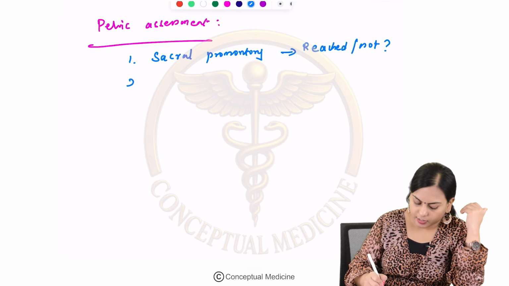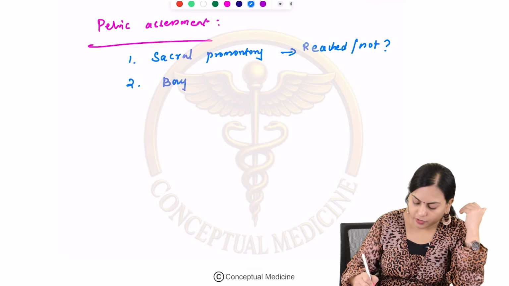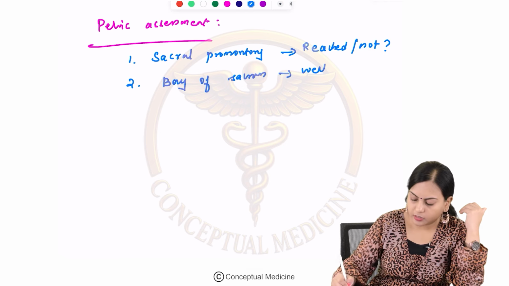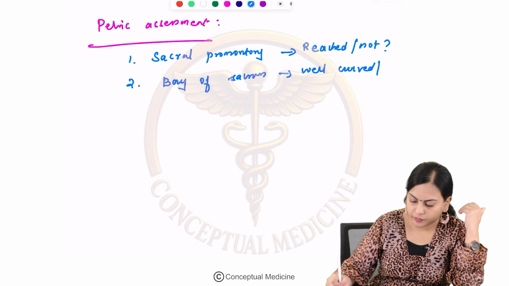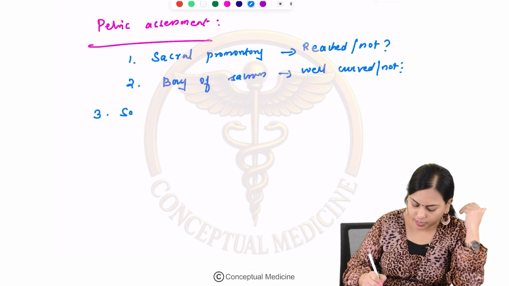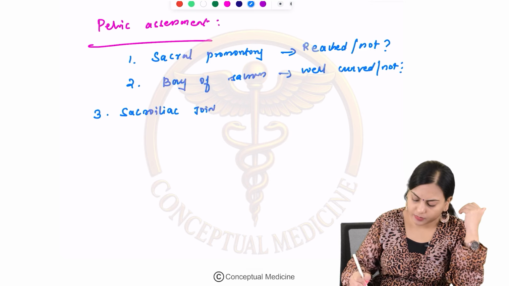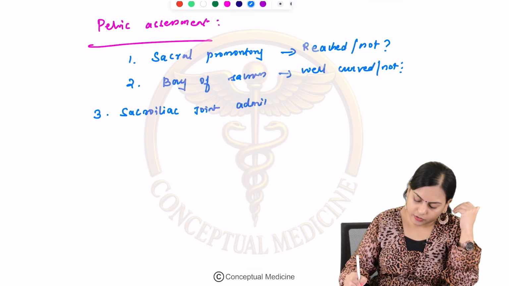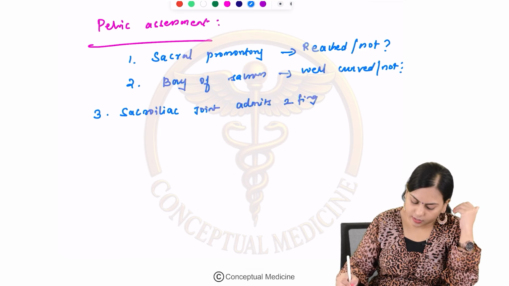Then check the bay of sacrum, whether it is well curved or not. The third point is whether the sacroiliac joint admits 2 fingers.